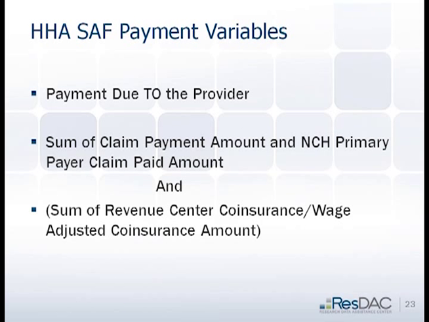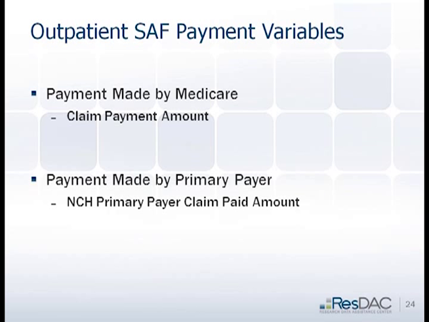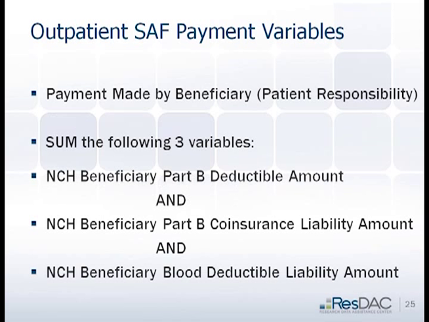So if you look again to what the provider is due, you would have to sum the claim payment amount and the primary. If you wanted to get down to beneficiary responsibility, to add that in, you'd have to go to the revenue center. For the outpatient file, again, there's just the one variable for the claim payment amount, what Medicare reimbursed, and one variable for what a primary payer covers.